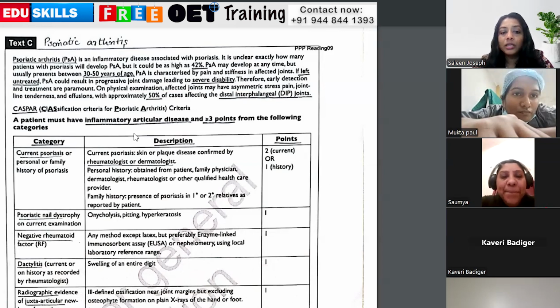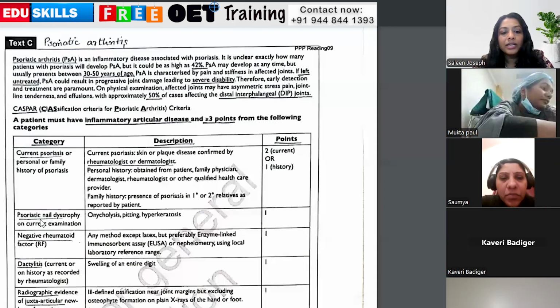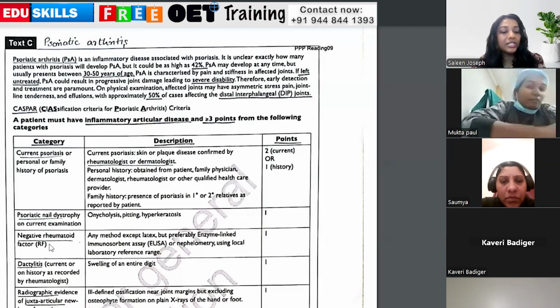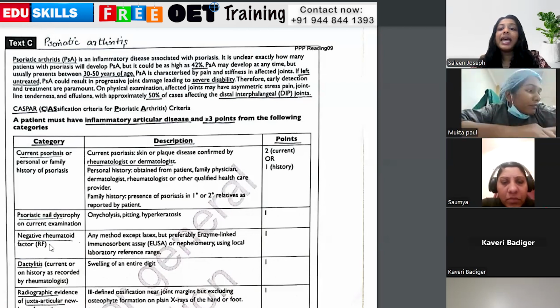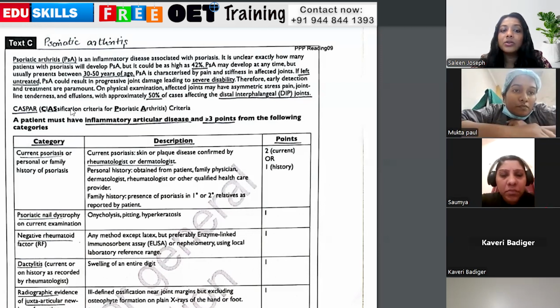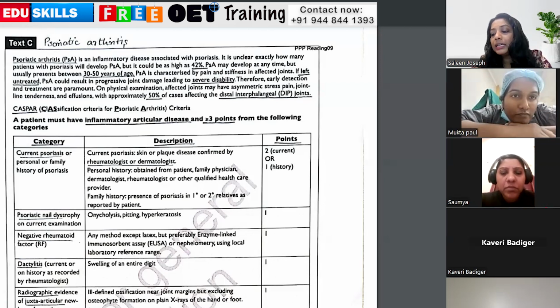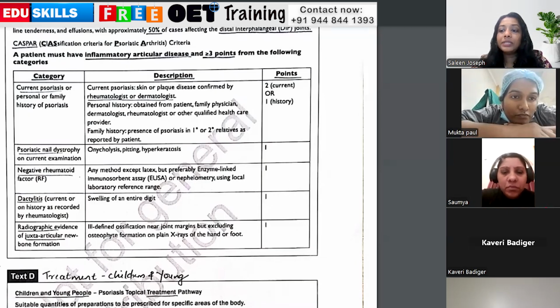It must have inflammatory articular disease, with more than or equal to 3 points from the following categories. They have mentioned some categories here: current psoriasis, then psoriatic nail dystrophy, then negative rheumatoid factor. They have mentioned the categories, the description and the points. So in this particular text, they have mentioned psoriatic arthritis. No need to read it completely, but you just want to know the general idea of the paragraph.